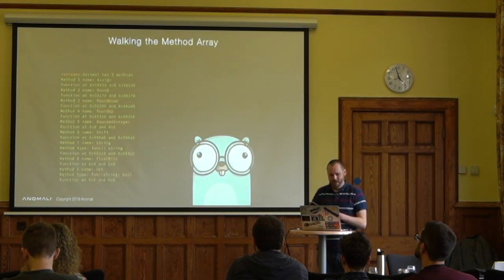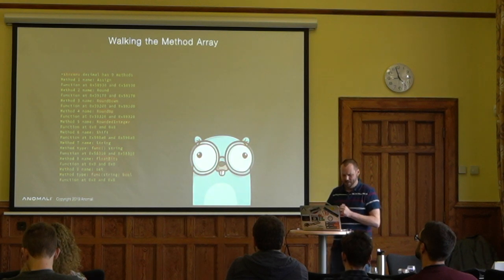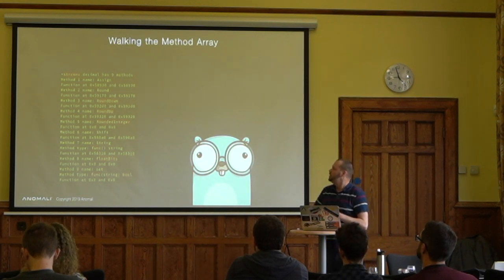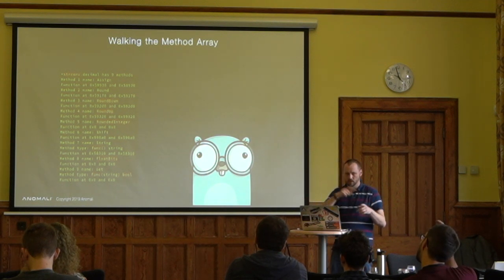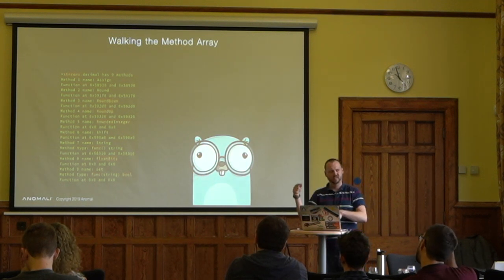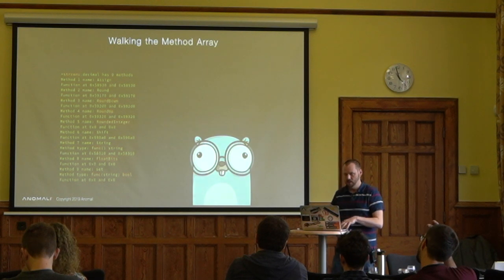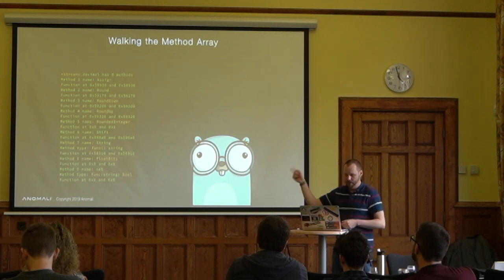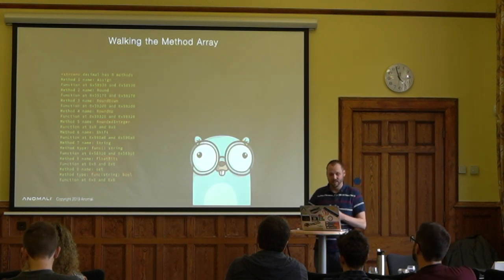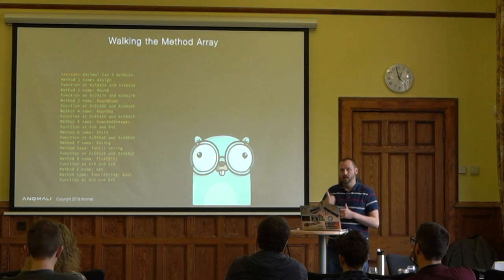So if you walk one of these arrays, here's an example of a decimal, which is a type for converting strings to decimal values in the standard library, I'm pretty sure. I wrote a parser for it, I ran through it, and it found 9 methods. If you look it up, it is correct.